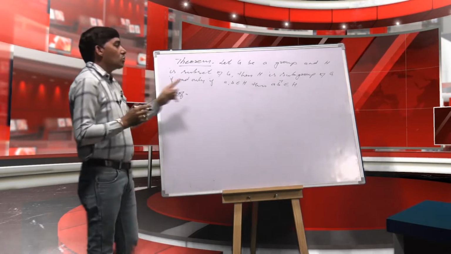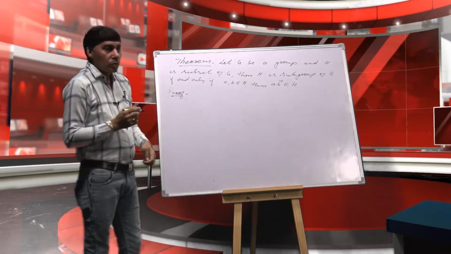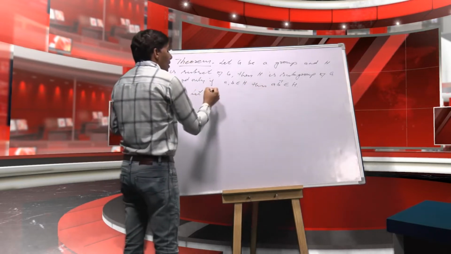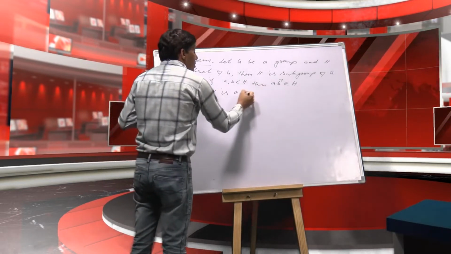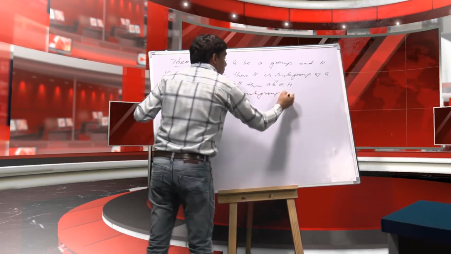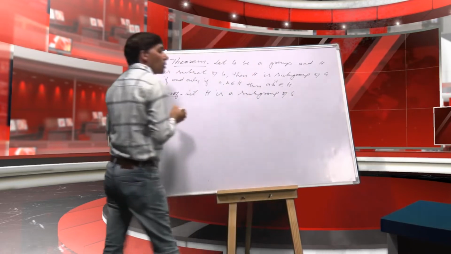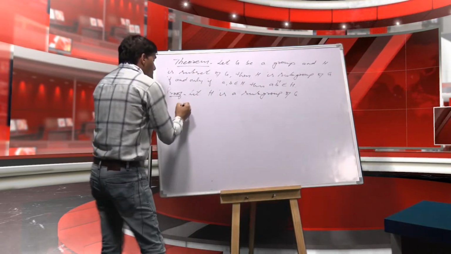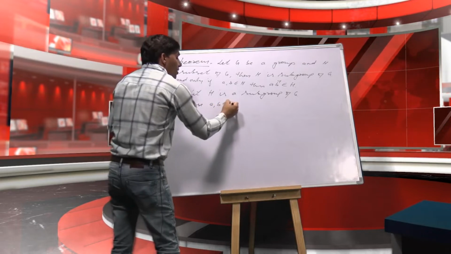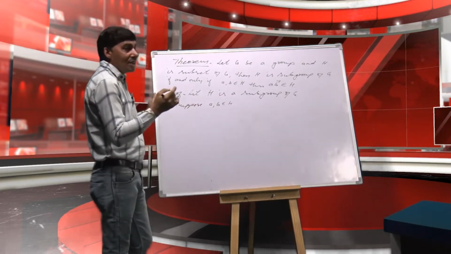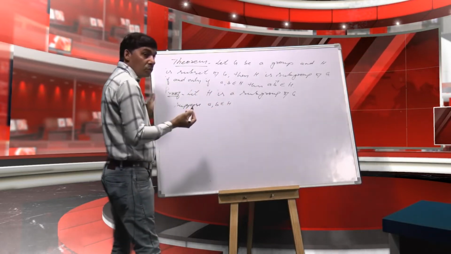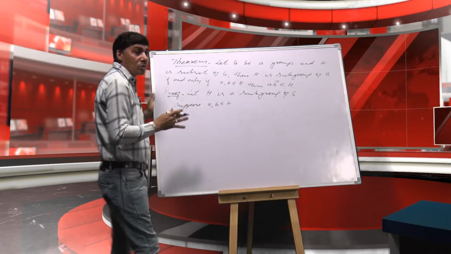First, we assume that H is a subgroup of G. Suppose a, b belong to H. Then by the definition of subgroup, H itself is a group and satisfies all the properties of a group.